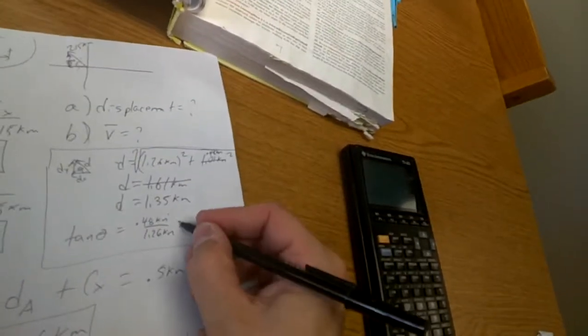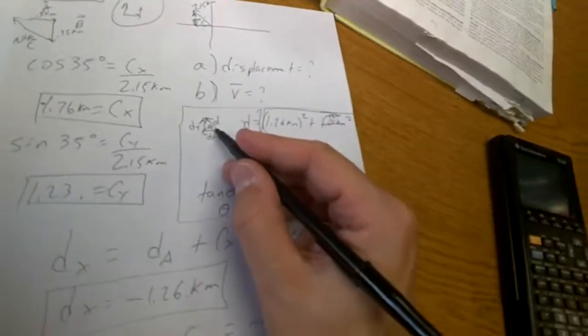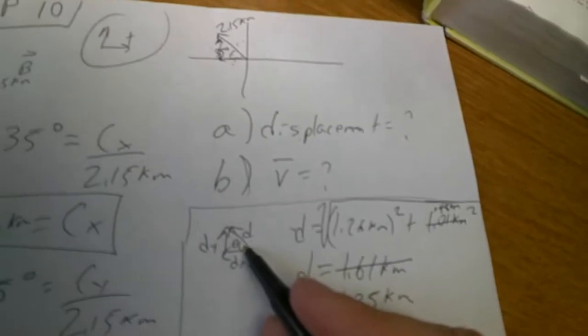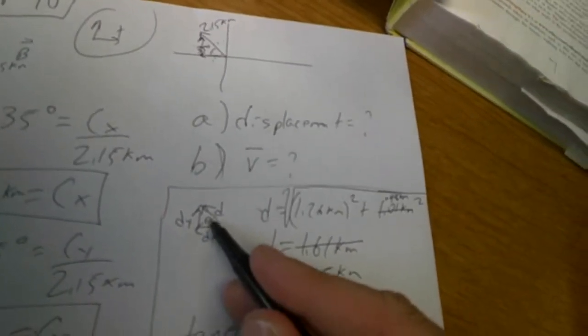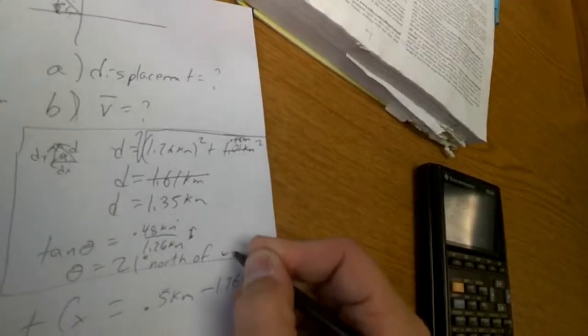Take the inverse tan on both sides, and we'll get a theta of, let's see, inverse tan of 0.48 divided by 1.26, getting about 21 or 20.8 degrees. And that's what they have, 21 degrees, and that is north of west. So if we look right here, we are to the north of the west direction, the way I've drawn my triangle, so I'll write that north of west.